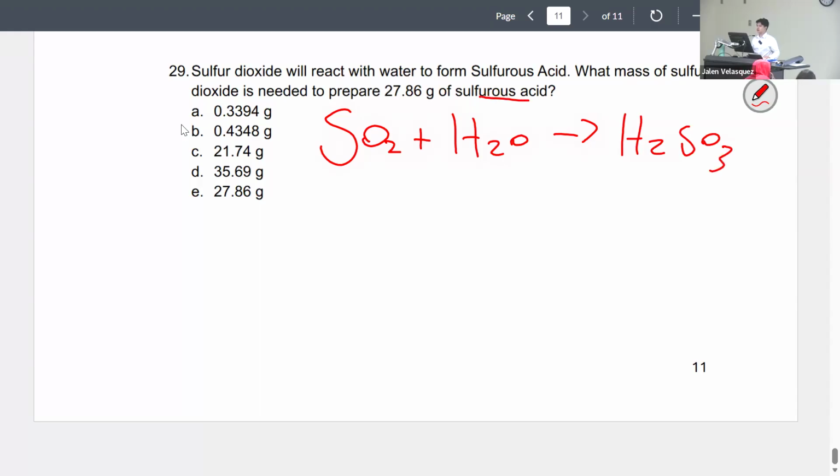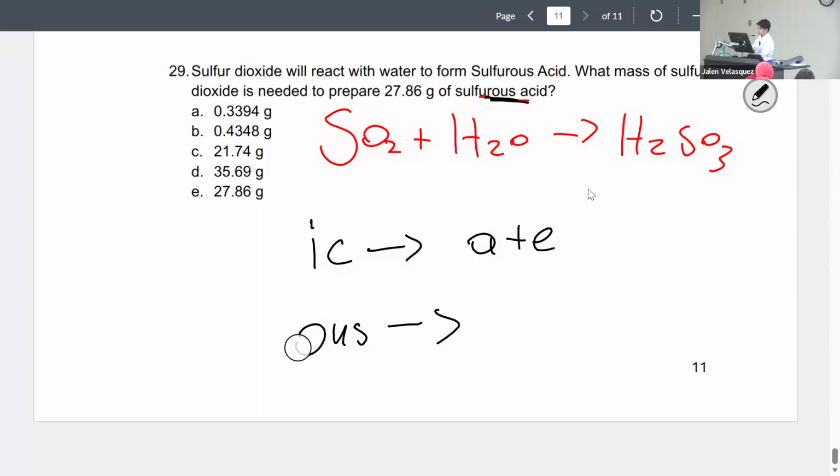It's sulfurous, right? If it was sulfuric, it would have sulfate as the anion, but it's sulfurous, so it has sulfite as the anion, right? So make sure you know that distinction. Quick little rule: if the polyatomic anion ends with ate, like sulfate, the acid gets the suffix ic, like sulfuric.